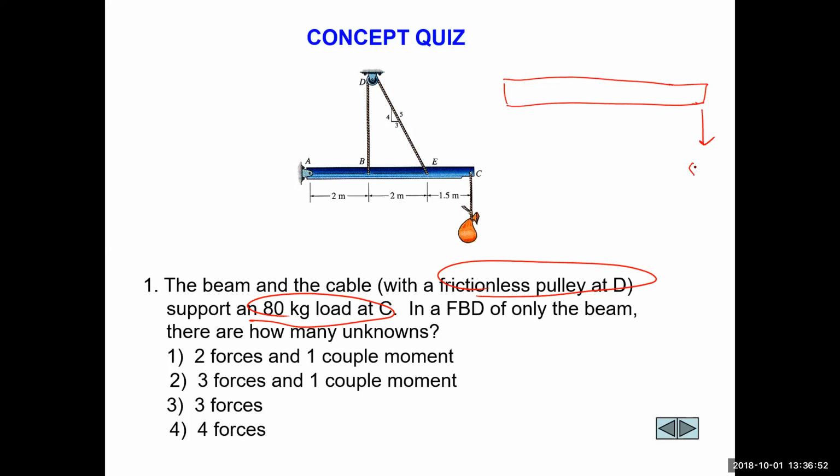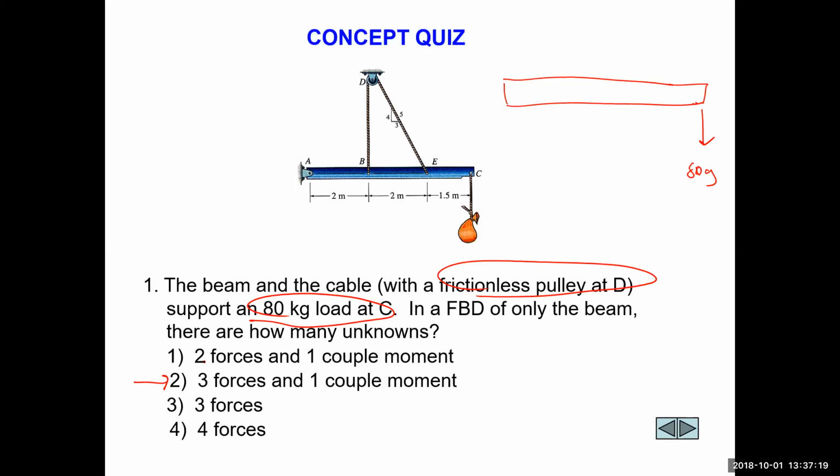So this is 80 times G, right? Sorry? 2? The answer is 2, in other words, 3 forces and 1 couple moment, or is the answer, yeah, they're saying 3 forces and 1 couple moment.